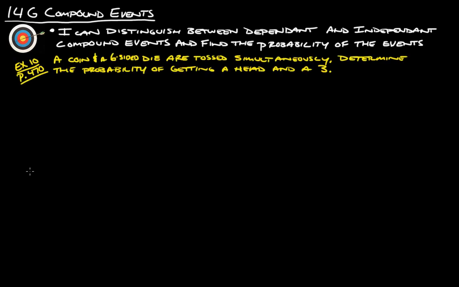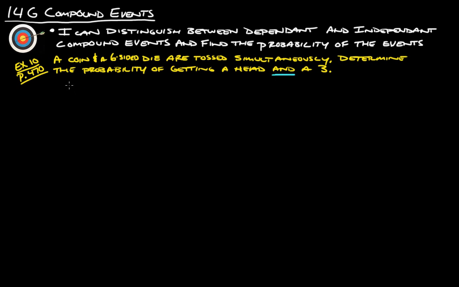A coin and a six-sided die are tossed simultaneously. Determine the probability of getting a head and a 3. Okay, so on the last set of notes, we made a two-dimensional grid. So we use grids to find the probabilities, but on this one here, we can make this a little bit easier. The big key word on this here is "and." That means they both have to happen.